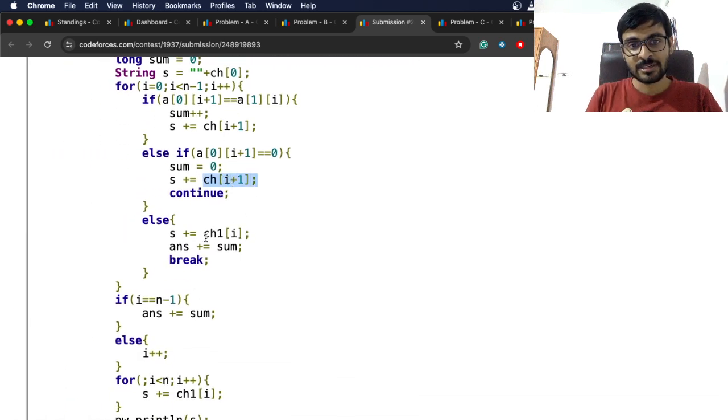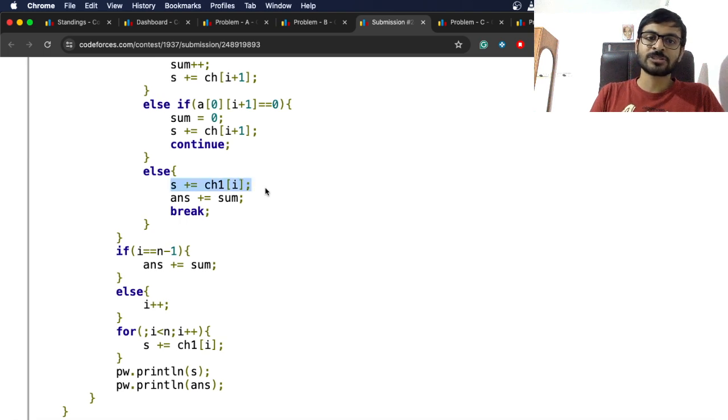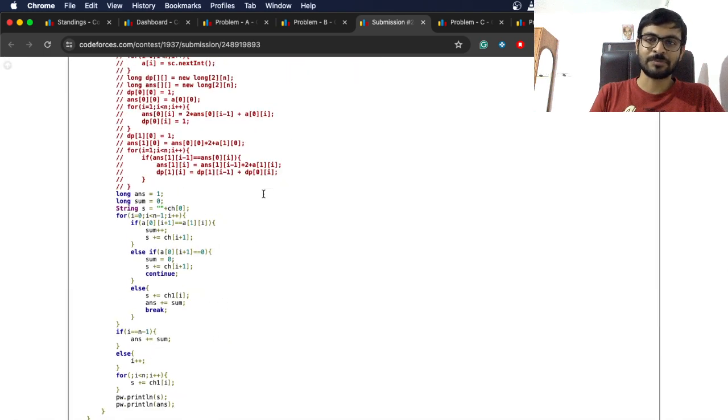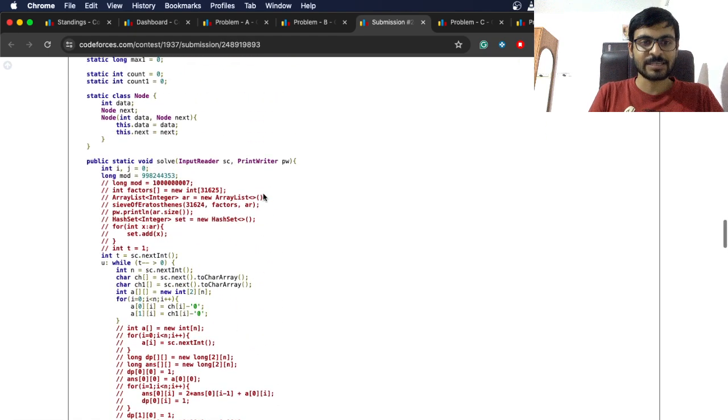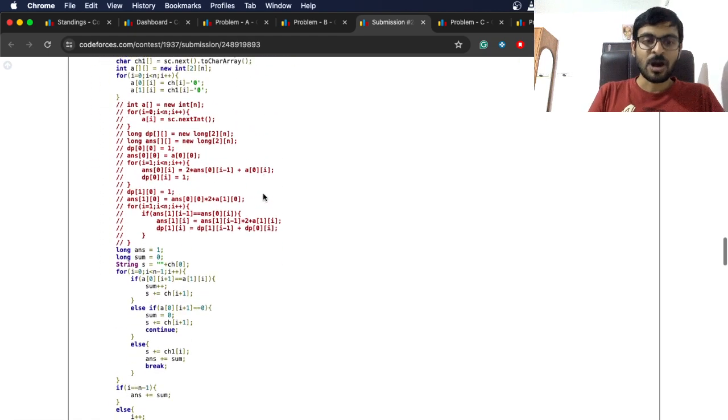The bottom character, I mean, this is the top row I plus 1 character, and this is the bottom row I character. And this concatenation to the string actually increased the time complexity, because it actually takes some time. So how could it be avoided?